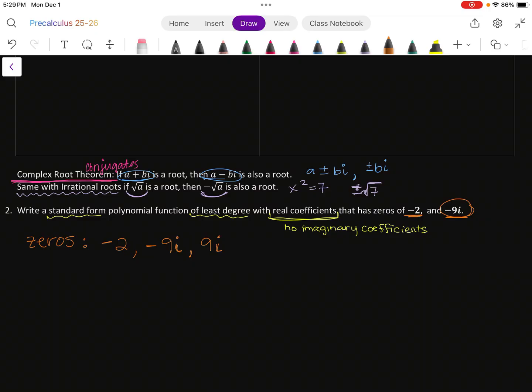We're going to use something that we learned in Unit 0, where we have to use i squared here, because we're going to multiply these out. So now that we have these zeros, maybe I'll write it out and say, okay, what are the factors? We got an x plus 2, x plus 9i, x minus 9i.